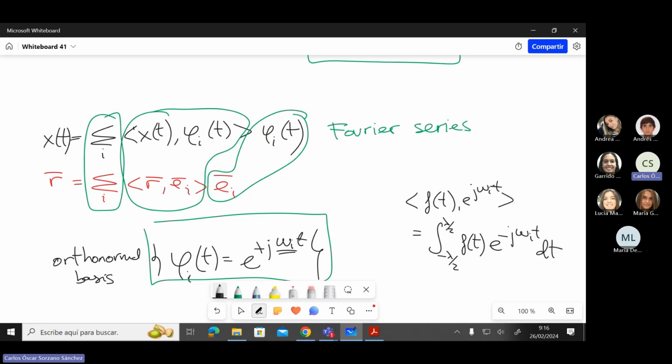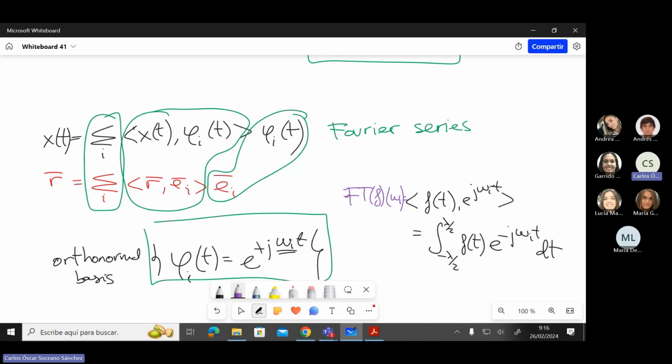So now you understand why we have a minus in the Fourier transform. Actually, this is the Fourier transform. This one is the Fourier transform of f evaluated at omega. It is that inner product, that length.